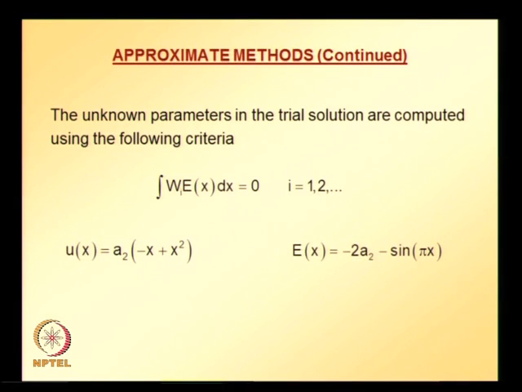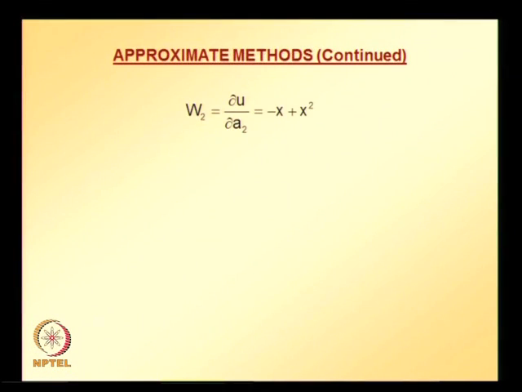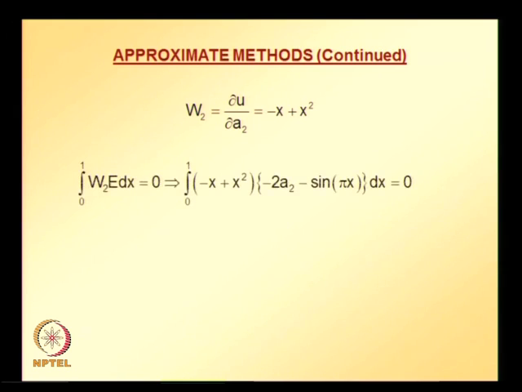Once we have the admissible trial solution, we can find the weight function. For the Galerkin method, the weight function for this particular problem is the partial derivative of u with respect to a2, which gives minus x plus x squared. Once we have this weight function, we can evaluate this integral, that is, the integral from 0 to 1 of w2 times the residual is equal to 0.